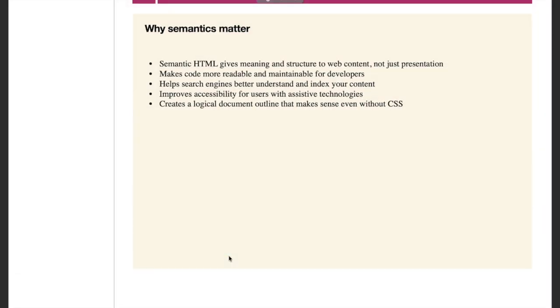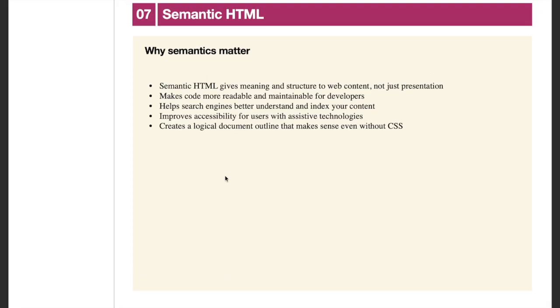Let's officially talk about section 7, semantic HTML. First question anyone can ask: why do semantics matter this much? Semantic HTML gives actual meaning and structure to web content. It's not just about presentation.